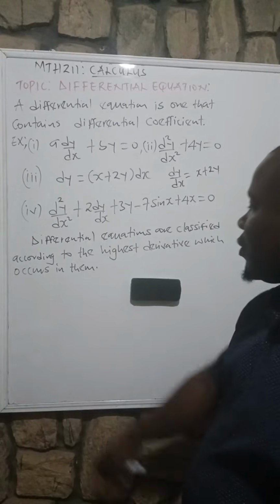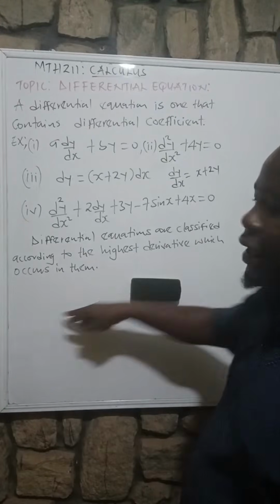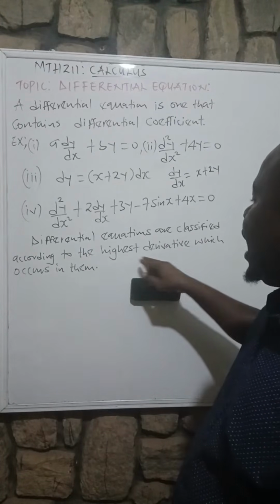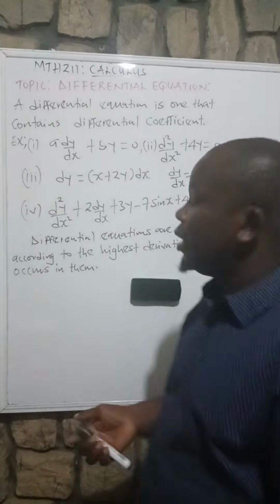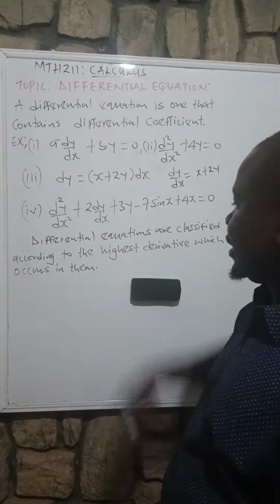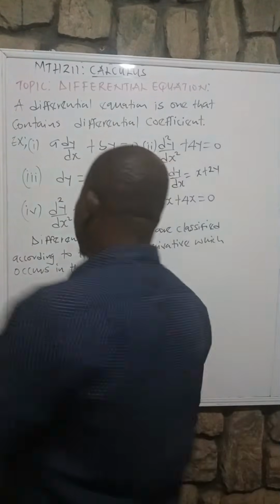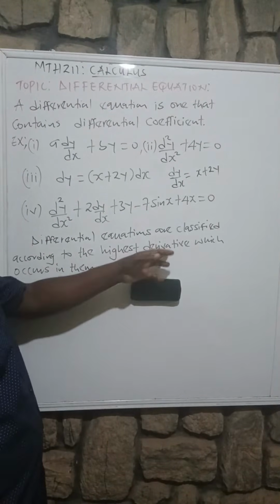Then you see with me here that differential equations are classified according to the highest derivative which occurs in them. That is telling you that it is classified according to the highest derivative.